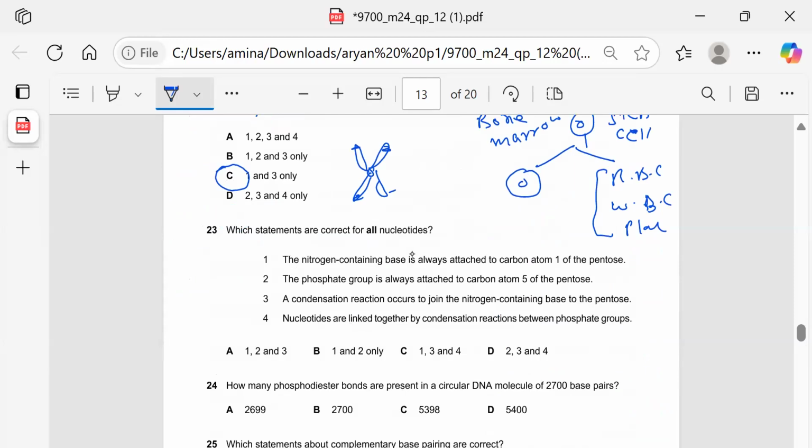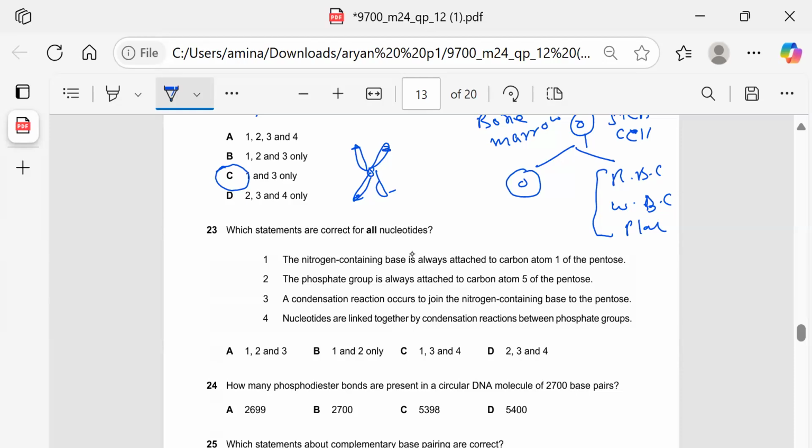And 23 is asking which statements are correct for all nucleotides. So if I say nucleotide, your DNA is made of nucleotides, your RNA is made of nucleotides, and your ATP is also a nucleotide. So let's see what is common in all the nucleotides. The nitrogen containing base is always attached to carbon 1 of the pentose sugar.